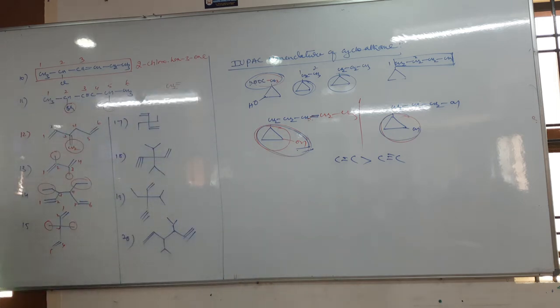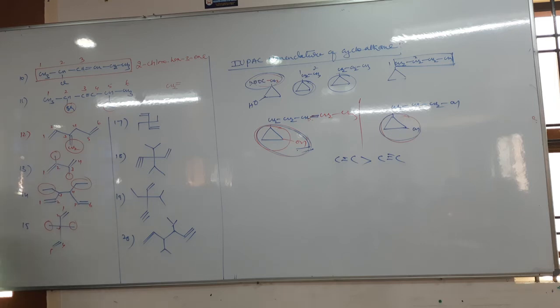If the ring contains equal or more number of carbon atoms than the side chain, then the cyclic ring should be considered as what? Parent chain.